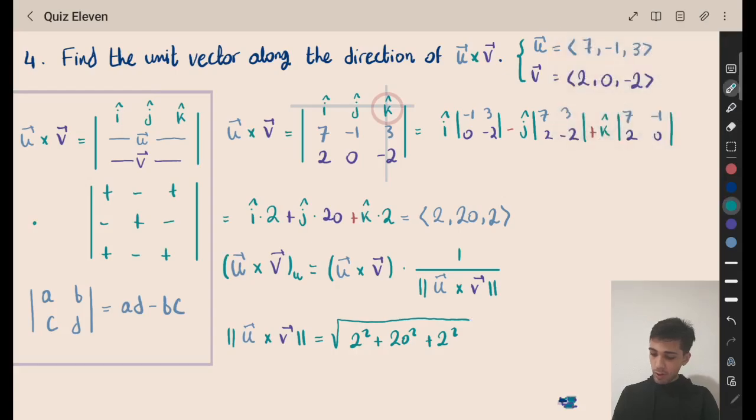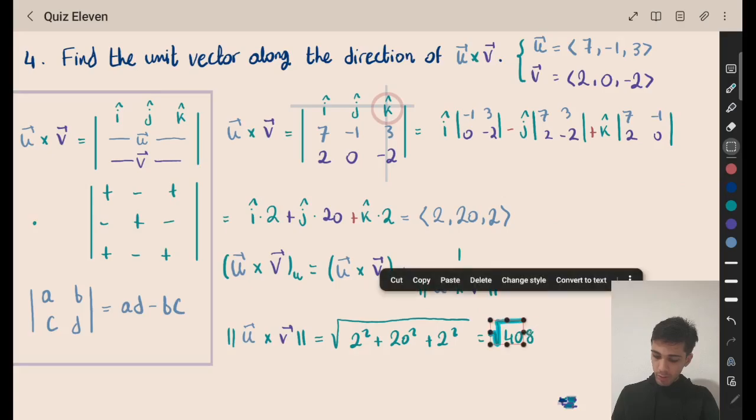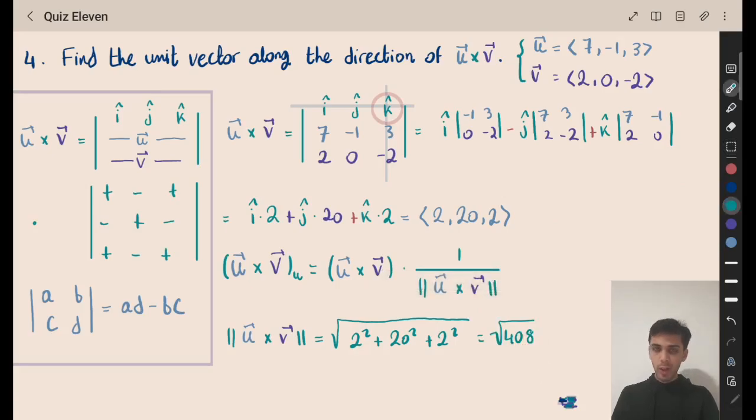This is going to give you a number. This number is going to be the square root of 408. I don't need to look it up, right? 20 squared is 400, and this is 4, this is 4.